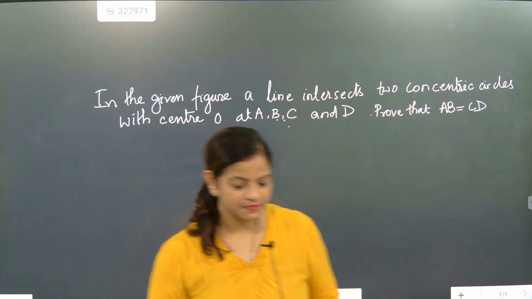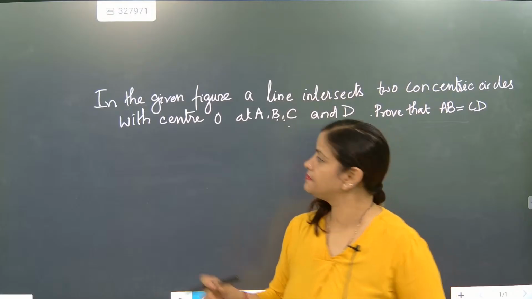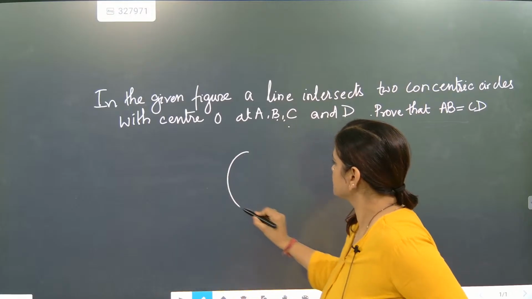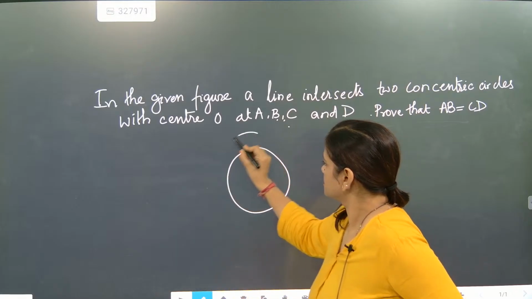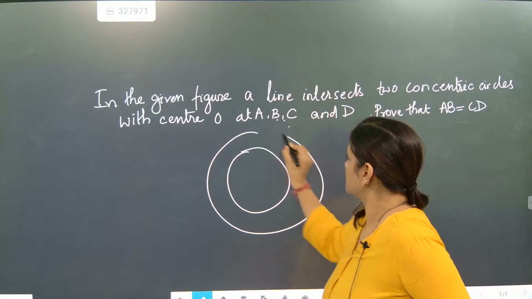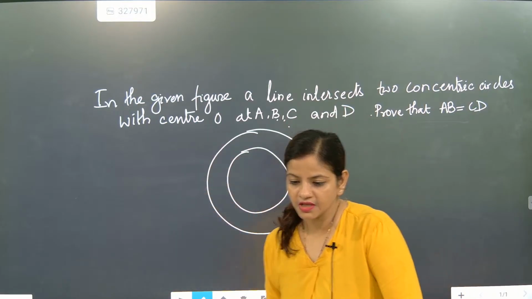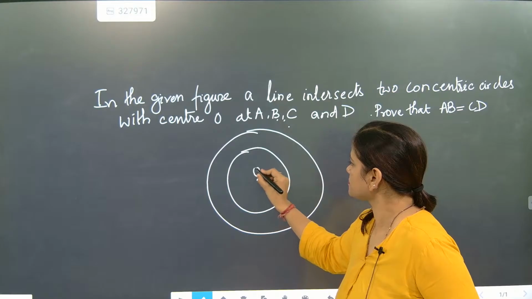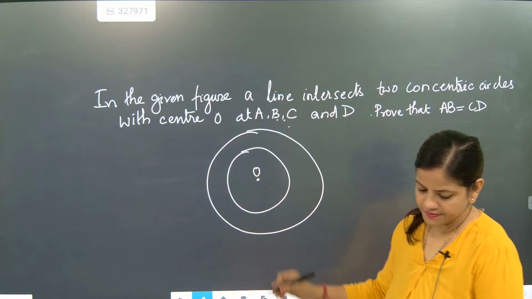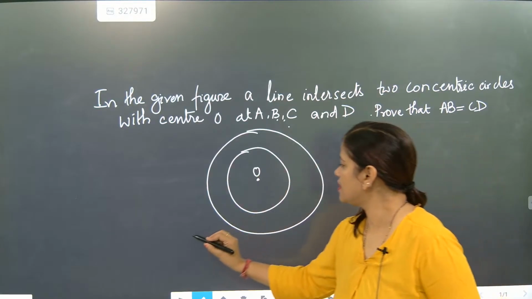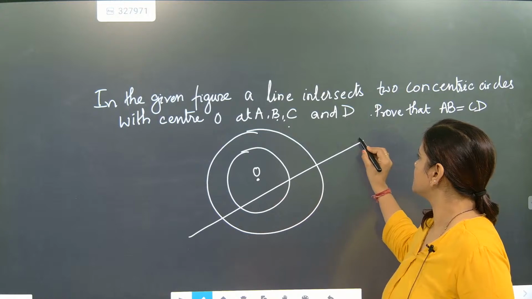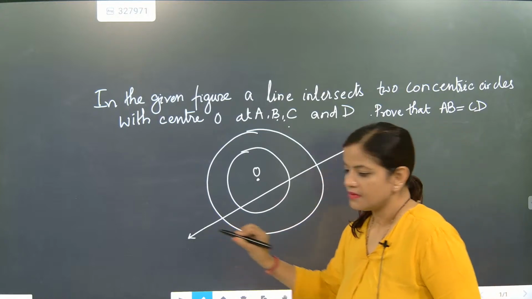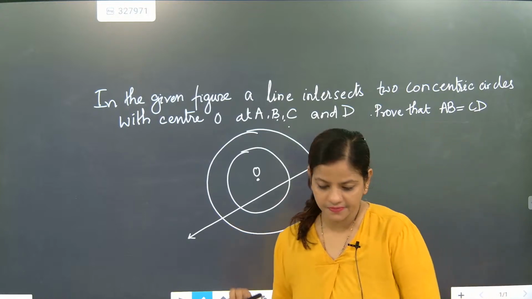Solve it. This is two concentric circles, and a line is going to cross them.